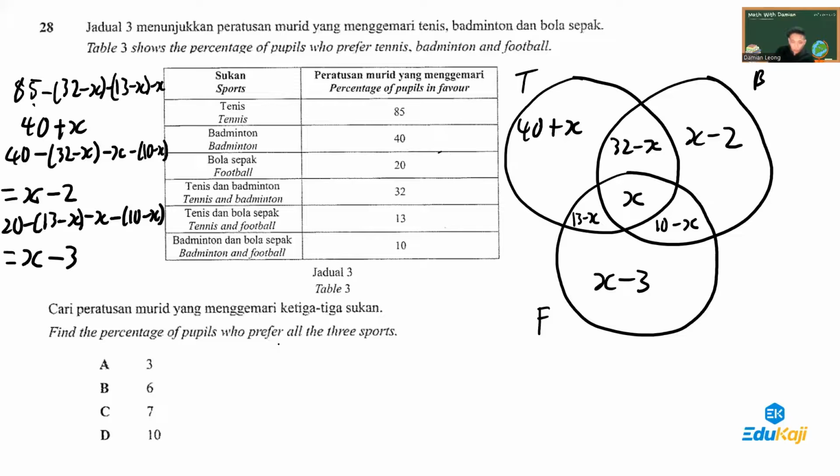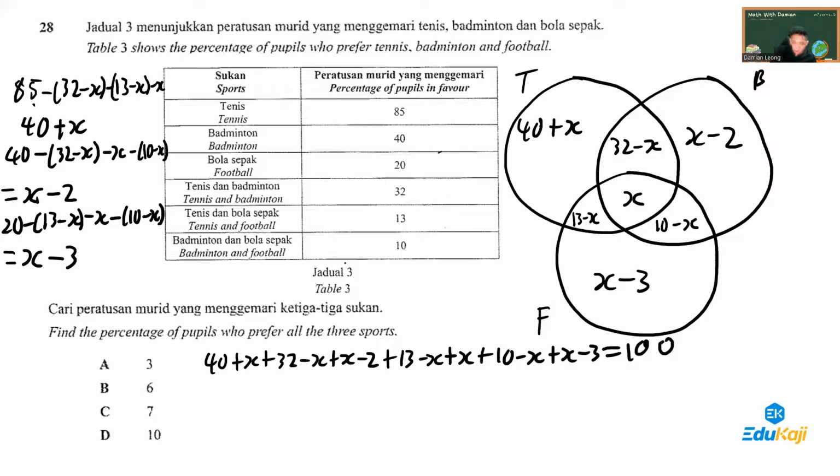So 40 plus x plus 32 minus x plus x minus 2 plus 13 minus x plus x plus 10 minus x plus x minus 3 equals 100.